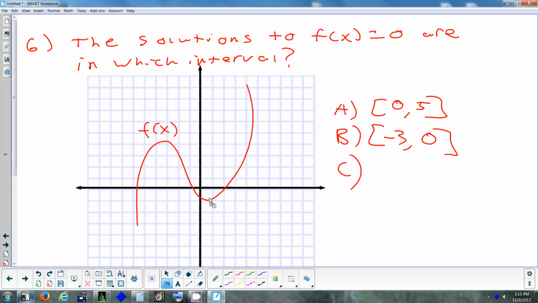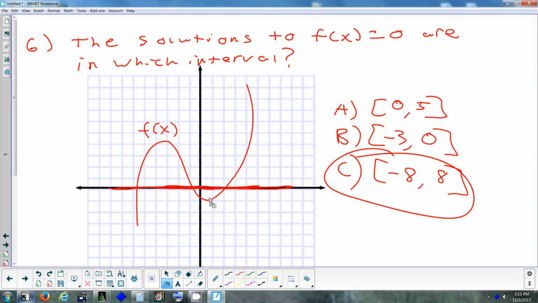I'm just going to make one more choice, or -8 to 8. Which interval there would contain all the places where it crosses the x-axis? -8 to 8. Yeah. The first one contains one of them, 0 to 5, that's right there. -3 to 0, that contains one of them. But -8 to 8 is that interval right there. And that contains the three answers. Okay? So I'm not asking what the answers are, I'm just asking where are they? And they're somewhere in that range, -8 to 8.